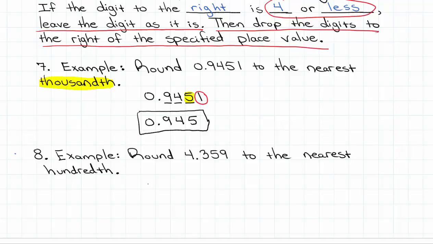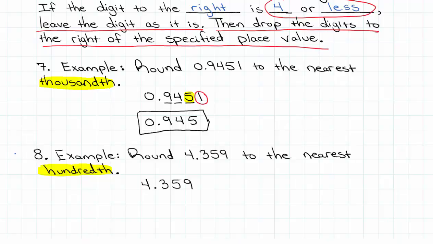First thing I'm going to do is I'm going to rewrite my number right here, 4.359. I'm going to identify the hundredths place. So I can tell that this 4 is in the ones, this 3 is in the tenths, this 5 is in the hundredths. I'm going to look directly to the right.